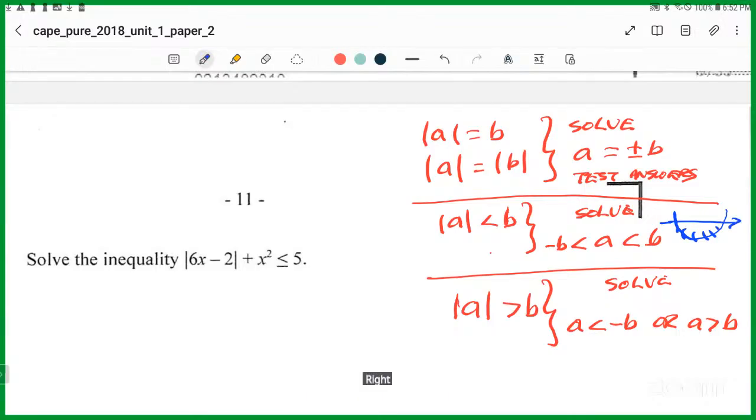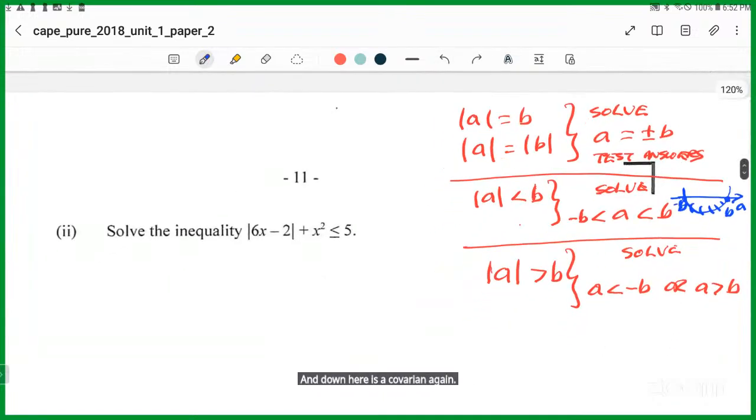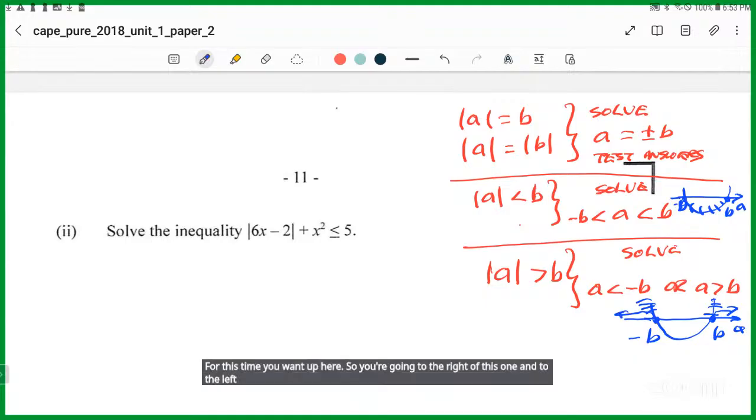And this is the A axis, and this point is your B, and this is your minus B right here. And down here is equivalent again to having a smile graph where your axis is A, this is your B, this is your minus B, but this time you want up here. So you're going to the right of this one and to the left of that one.